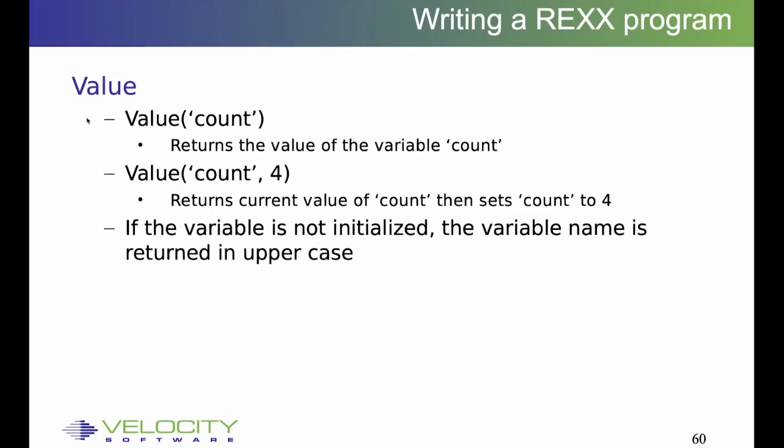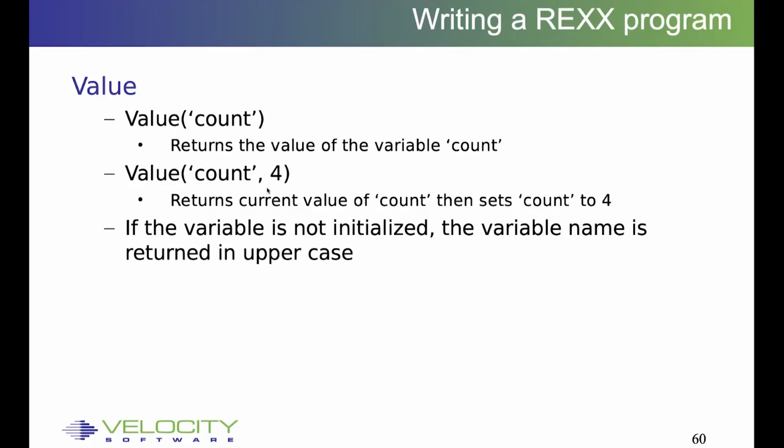The value function returns the value of a variable, and the variable has to be in quotes. So if we specify value count, it's going to return the contents of the count variable as part of the function.